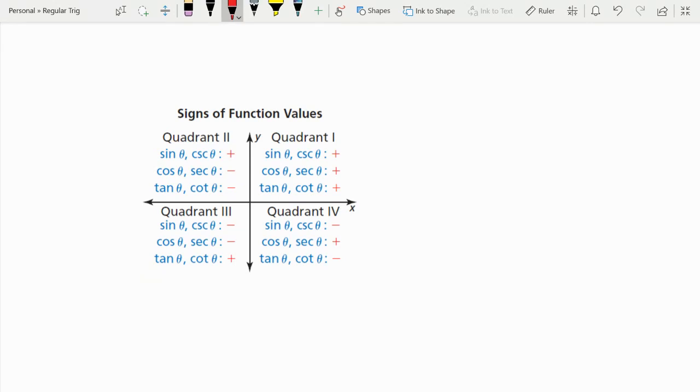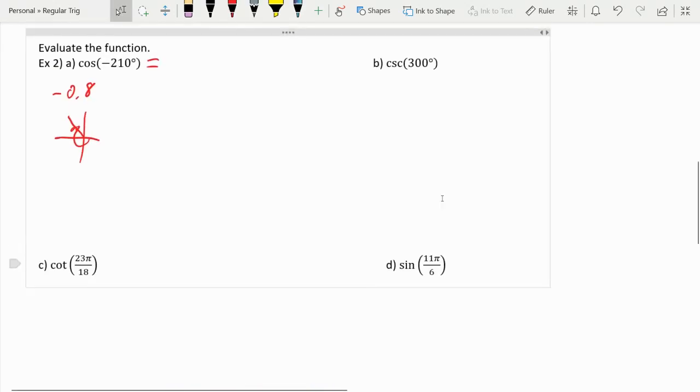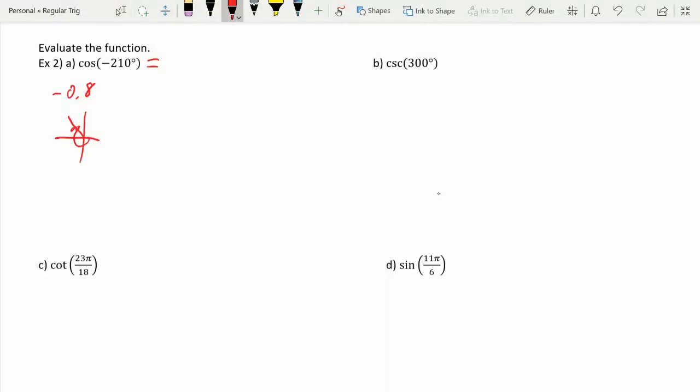So then what we had to do, me and Fred Flintstone, you guys don't have to worry about this anymore, is know that our answer is going to be negative, but now it's going to be cosine of what was our reference angle? Negative 210 to negative 180, that would actually have been a positive 30 degrees.